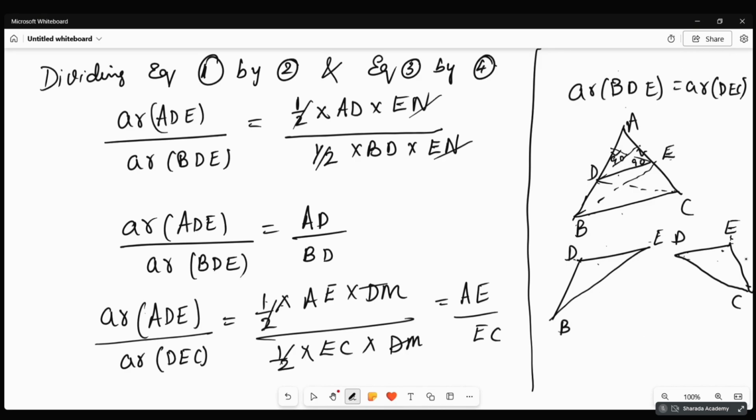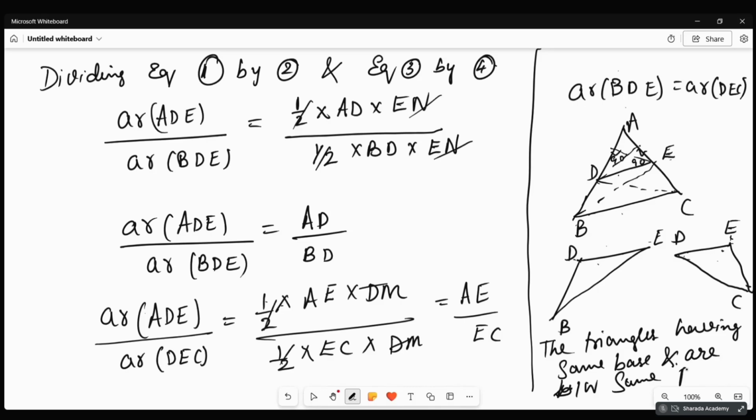The reason you can write, don't write these things, you can just write the reason. Write down this: the triangles having same base and are between same parallel lines have same area.